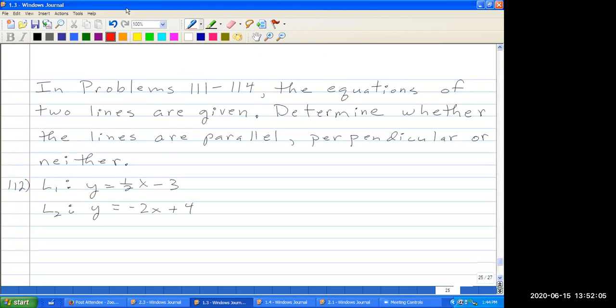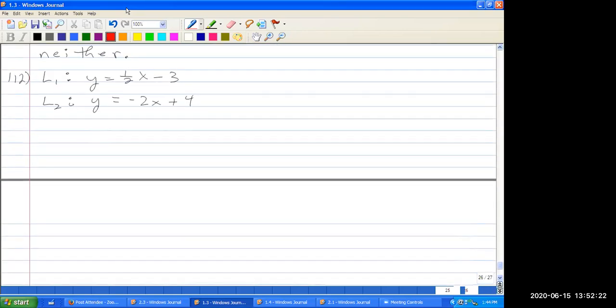In problems 111 to 114, the equations of two lines are given. Determine whether the lines are parallel, perpendicular, or neither. Okay, so let's do that.